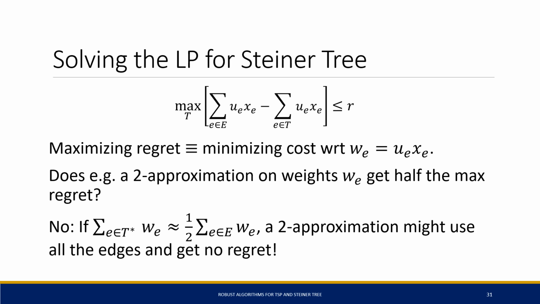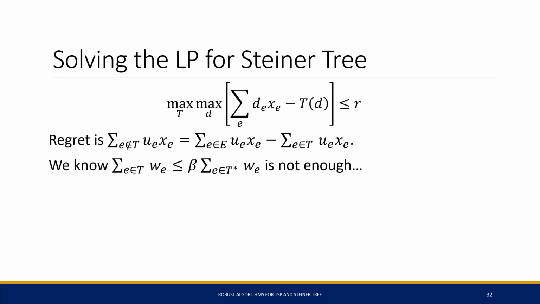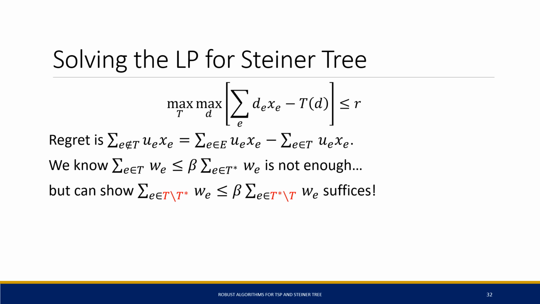Unfortunately, if the best adversary, say T star, uses up maybe half the total weight of the graph, then with a 2 approximation, we might end up using all the edges, and in turn, the solution will get no regret. So the standard approximation we know isn't enough, but it turns out that if we run an approximation algorithm with a slightly stronger guarantee, which is that the cost of edges in the algorithm solution that aren't in the optimal solution is some approximation of the cost of edges in the optimal solution but not the algorithm solution, this actually does suffice to get a solution which gets most of the regret that the best adversary does.